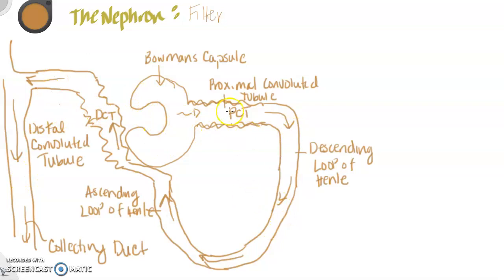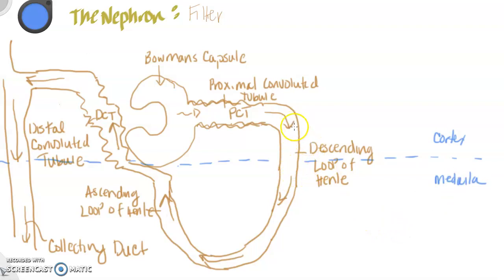So one thing I do want to show here, let's show this in a different color. So if I put a line right here, all the way through, this side here is the cortex. This side here is the medulla.